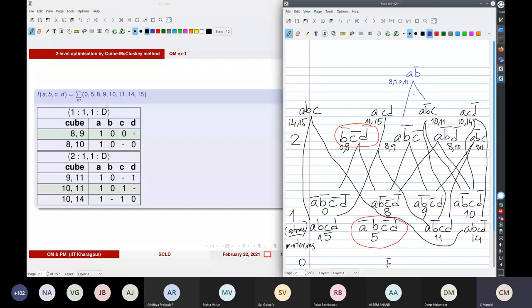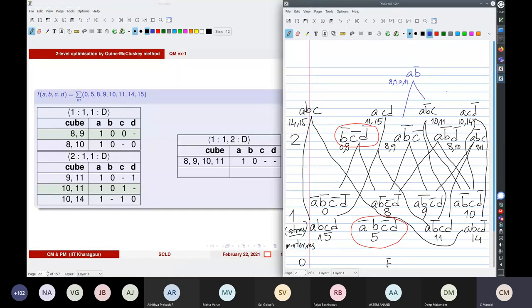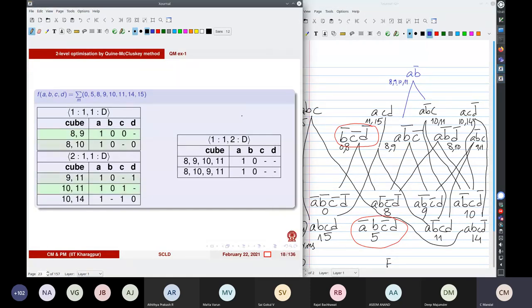You have combined 8, 9 with 10, 11 to get AB bar, right?